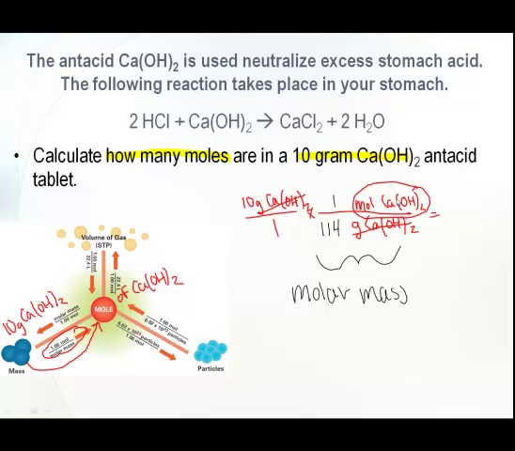So I'm going to do 10 divided by 114. And whenever I solve this, I get 0.088 moles of calcium hydroxide. So this was very straightforward. We just went from mass to moles by using the molar mass.